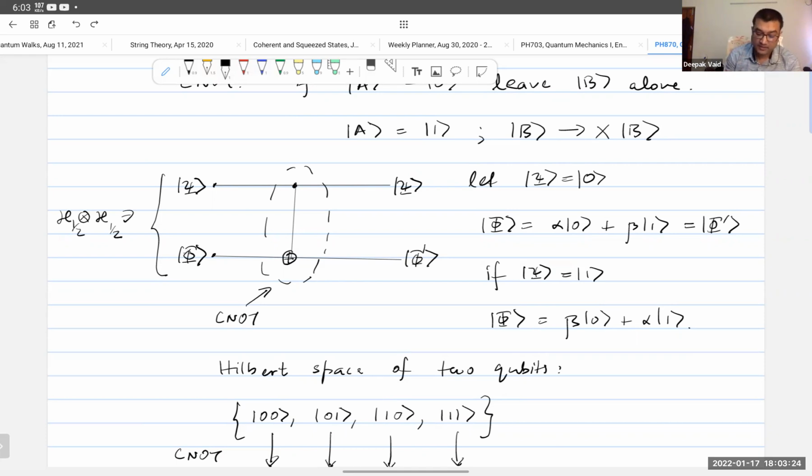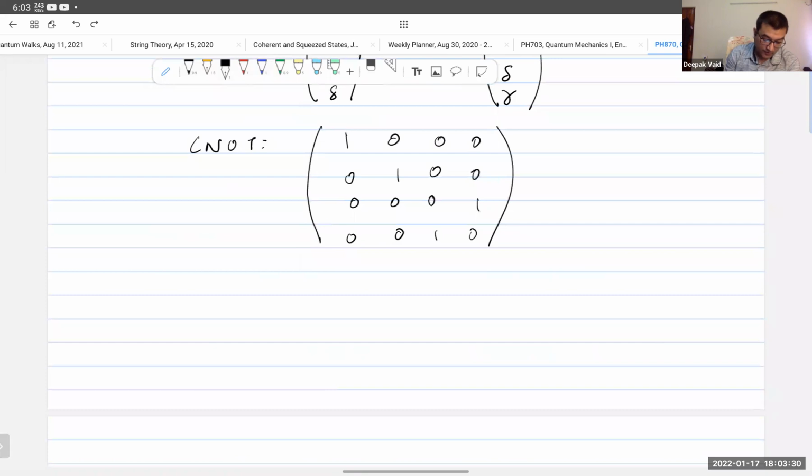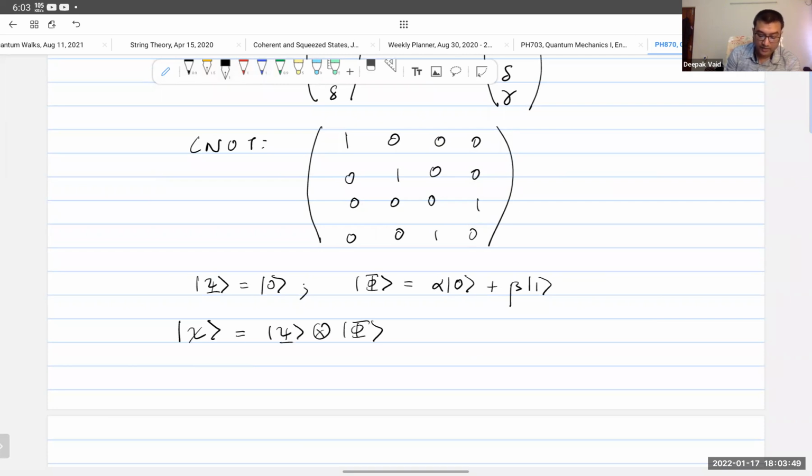So when I'm saying psi is 0 and phi is so and so, so let me just say, if I say that psi is 0 and phi is this, then what is my total input state? My total input state is psi tensor phi, okay? How would I write that down? I'll write it like this: 0.